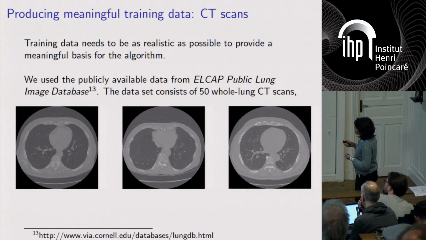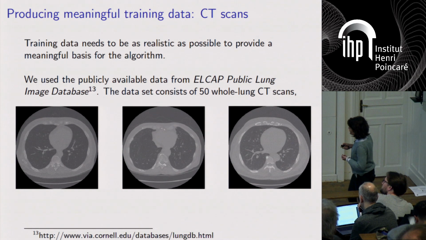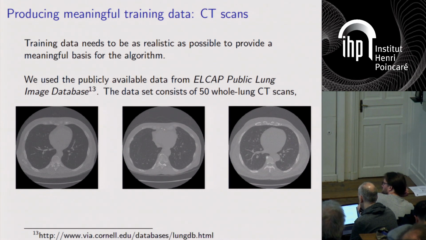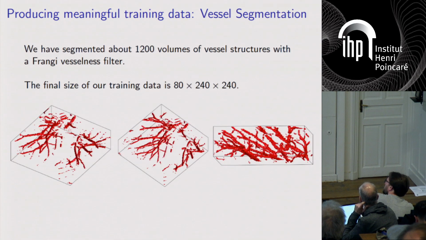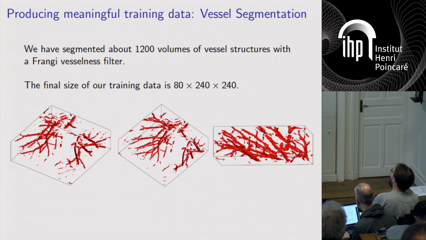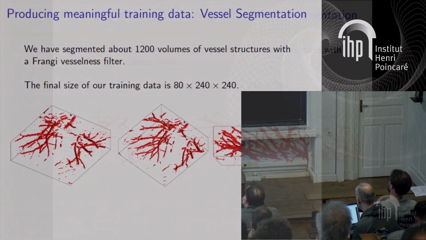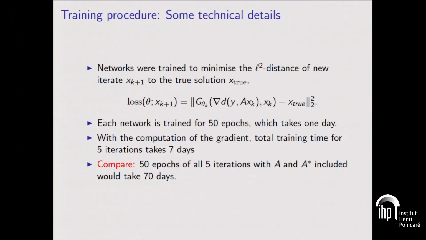Basically, Andreas segmented 1,200 volumes out of the CT lung images of this size. This size is just the size of the photoacoustic data we collect. This is how the isosurface plots of these look, and he used this as training data.